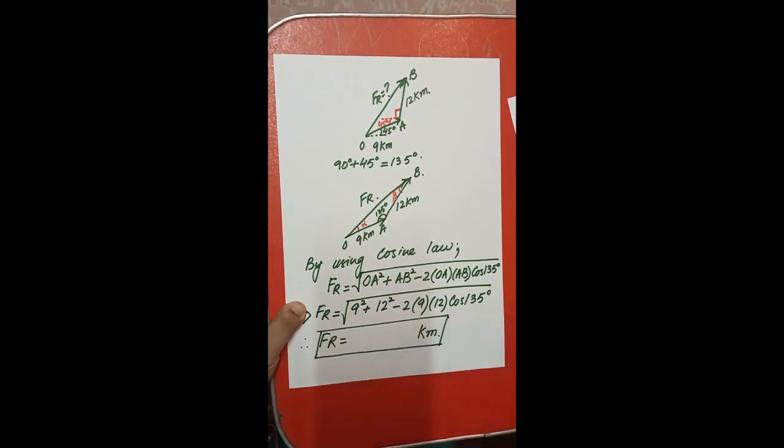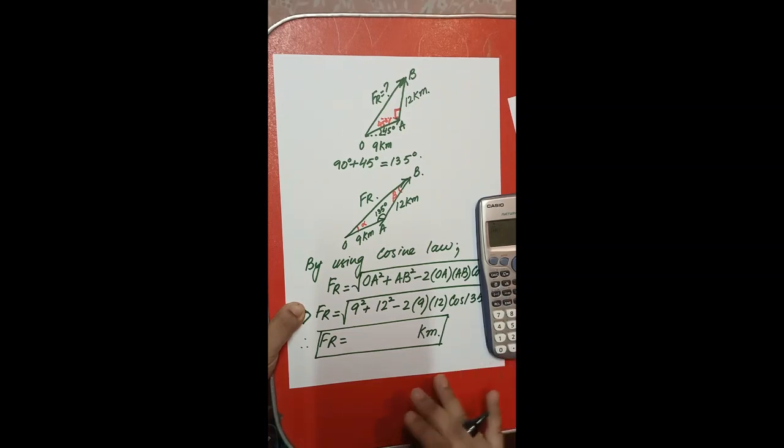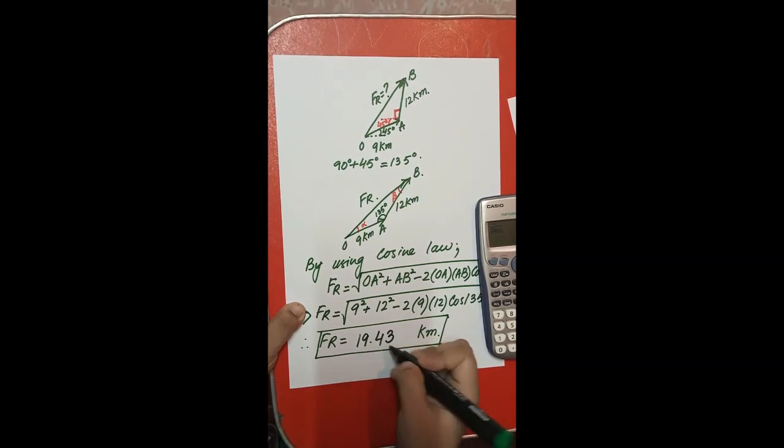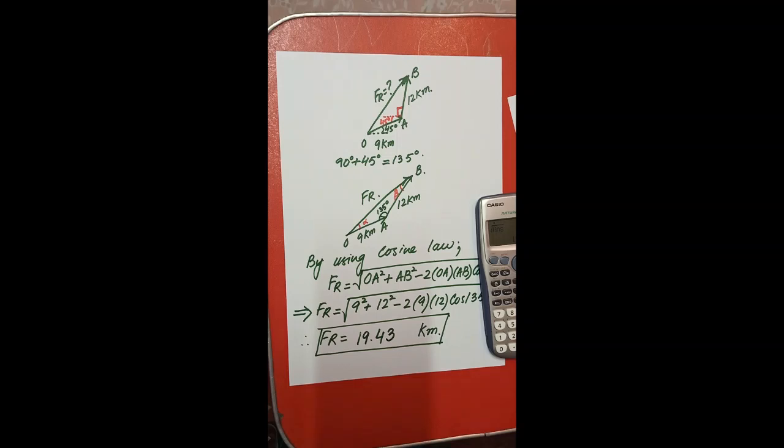For example, 9 square plus 12 square minus 2 into 9 into 12 into cos of 135 degrees, and then we take the square root of it, and the answer will be 19.43 kilometer. This will be the answer of the resultant force.